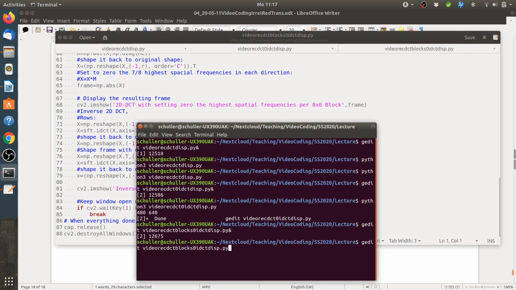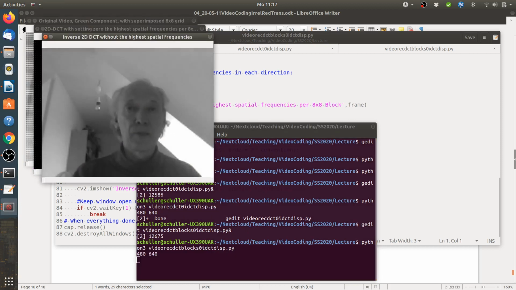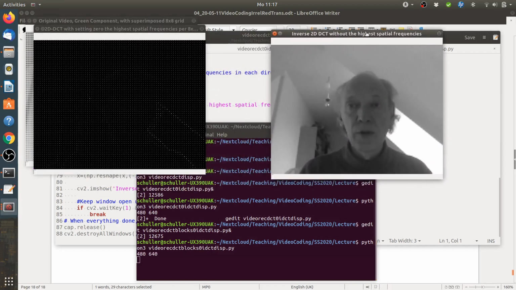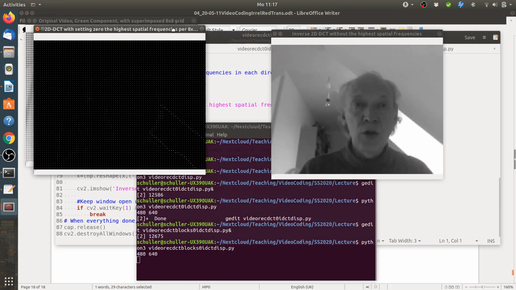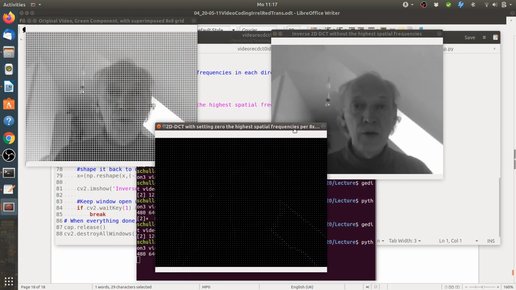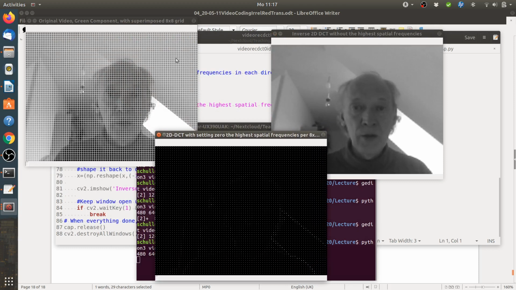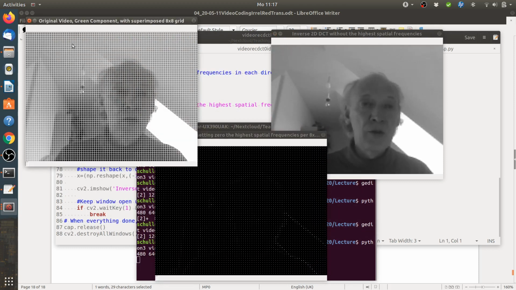So again, I started with Python 3. So here you can see the reconstructed. Again, it looks unsharp. Here is the DCT domain, and here's the original domain superimposed with this grid of 8x8 pixels.